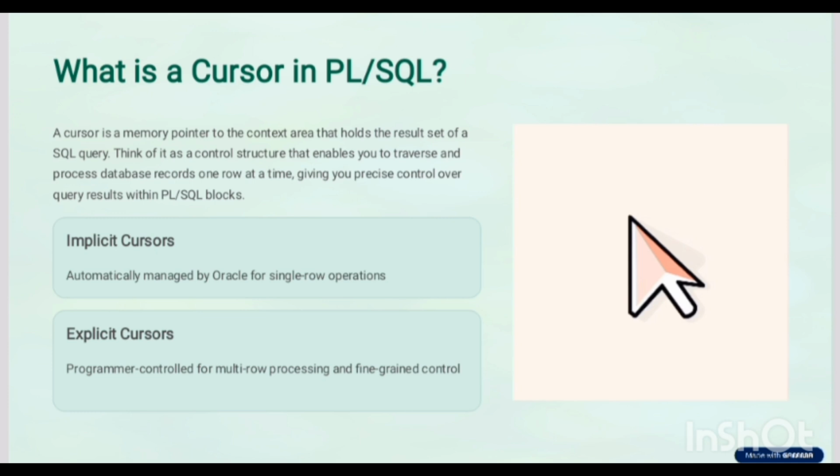The programmer does not have to do anything, with no declaration, opening or closing. It is completely handled by the database engine. Implicit cursors are best suited for simple operations where we don't need manual control over the result set.